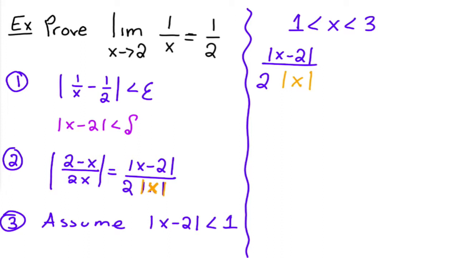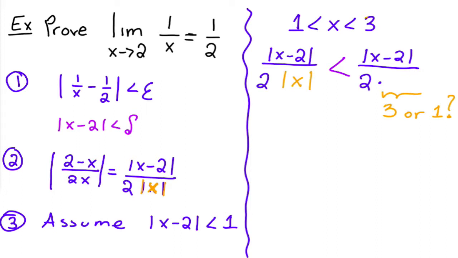Okay, so let me ask you this question. Is |x - 2| over 2 times |x| less than |x - 2| over 2 times 3, or 1? Most of the time, what students do is just pick the biggest one, because you're trying to say this is less than another number.